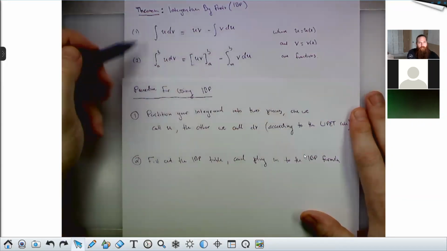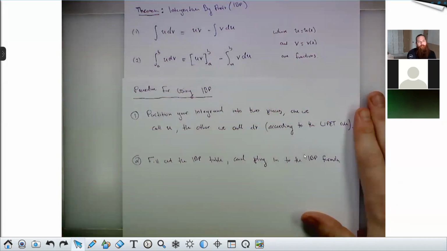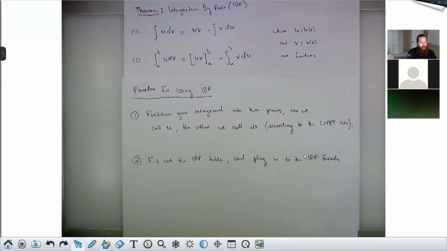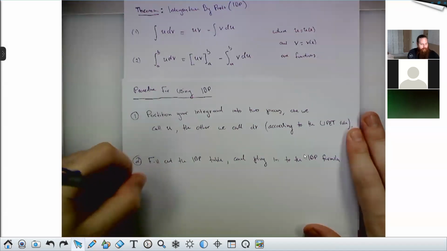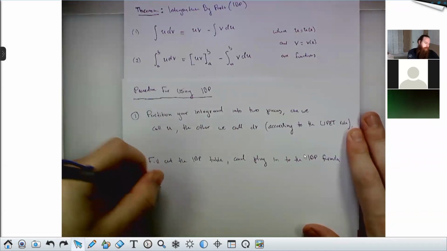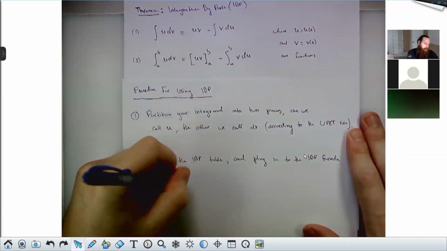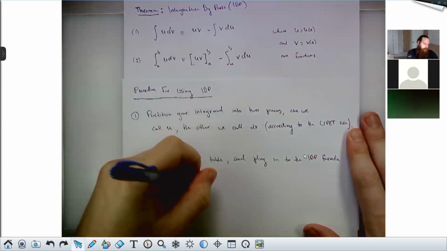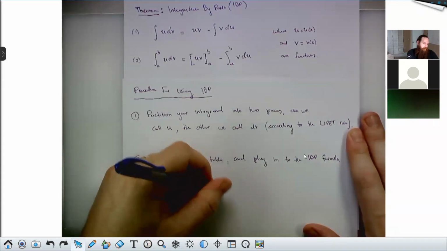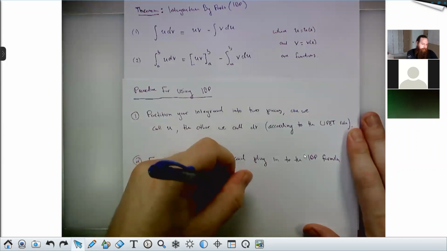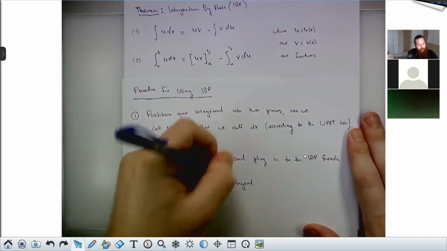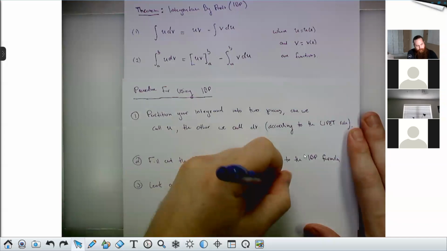That's these things. These are the IBP formula. Then finally, you look at the resulting integral. And solve however you can.